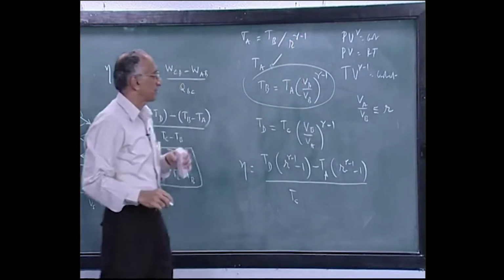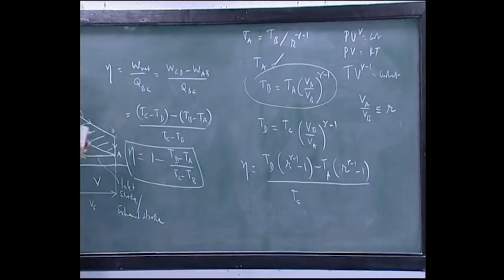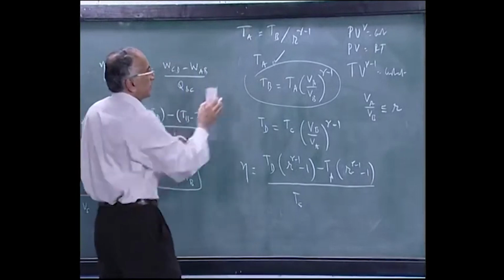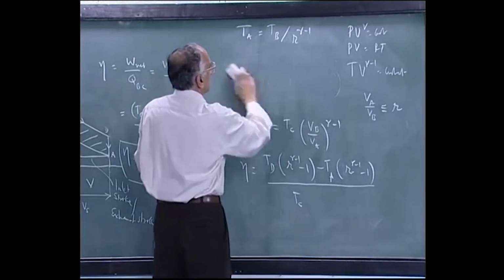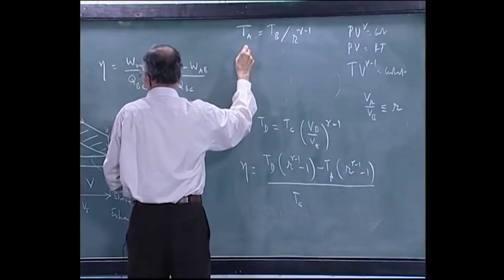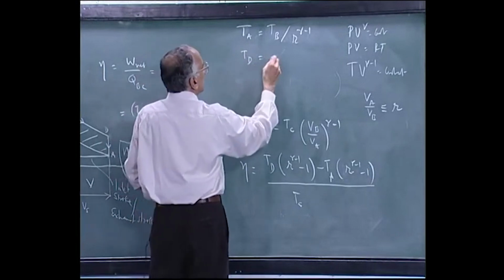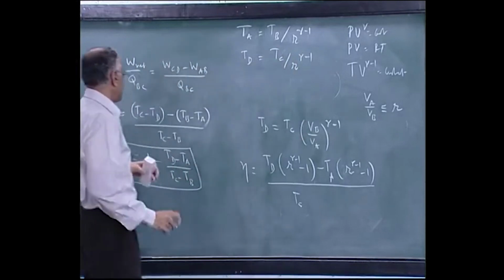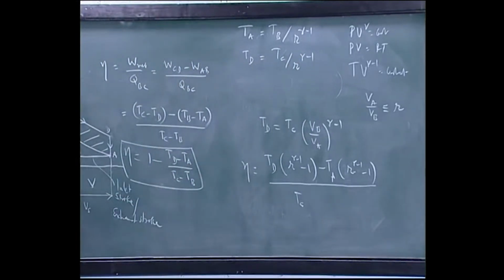Okay. In this equation I have written TA, and similarly TD is equal to TC by R raised to gamma minus 1. So you have R raised to gamma minus 1 coming out, and then numerator.